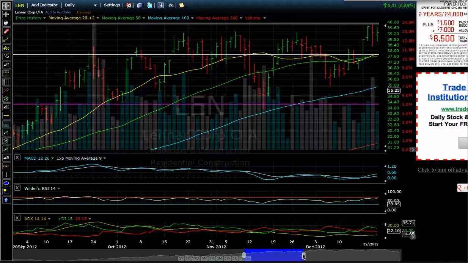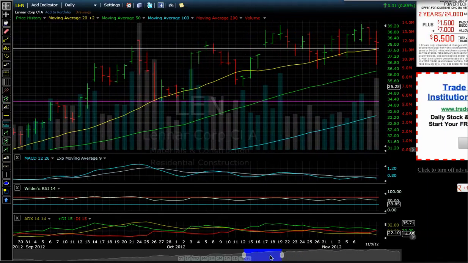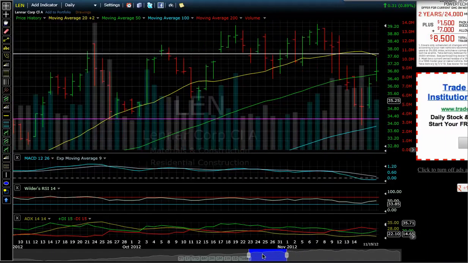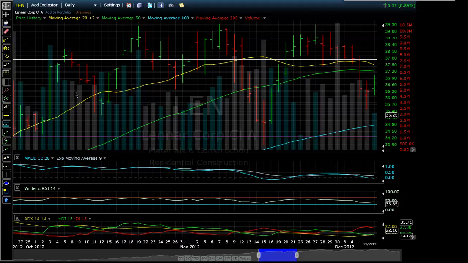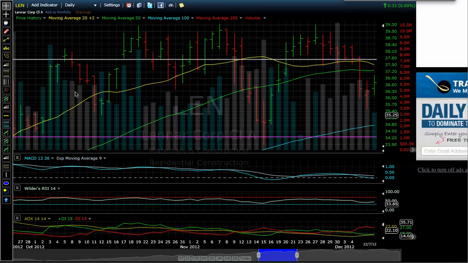Not all the time does the stock come back right away to fill in the gap, but 100% of the time it's going to come back eventually, whether it takes a day, 2 days, an hour, 2 weeks, 9 weeks, a year, 2 years, 3 years. Eventually the stock will come back.